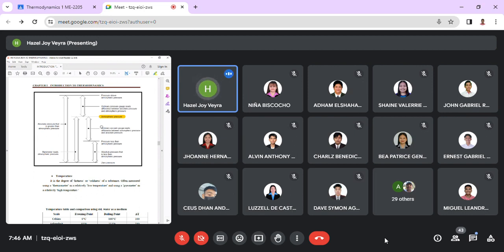Below atmospheric pressure, we have the vacuum pressure. Here is the difference between the atmospheric and the absolute pressure. And then we have here absolute pressure that is less than the atmospheric pressure. This is our zero pressure. So the sum of everything is the absolute one.